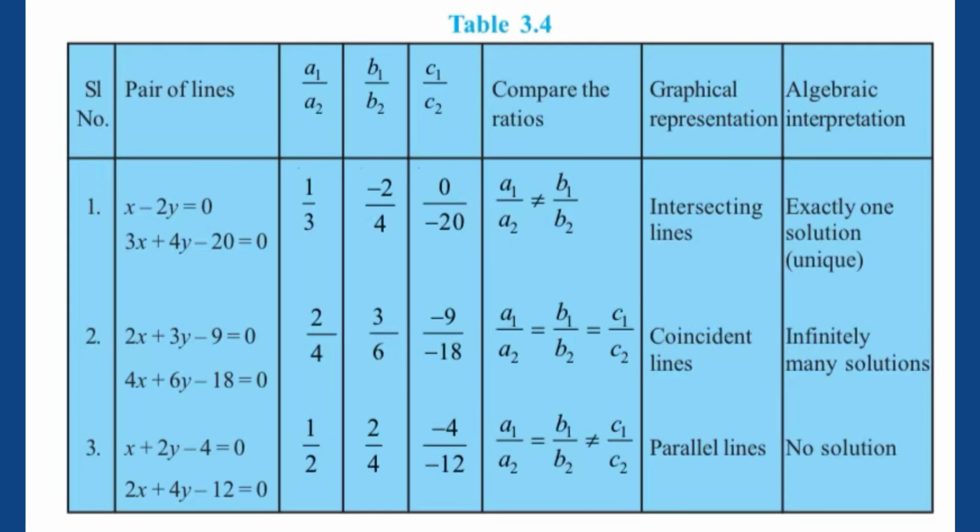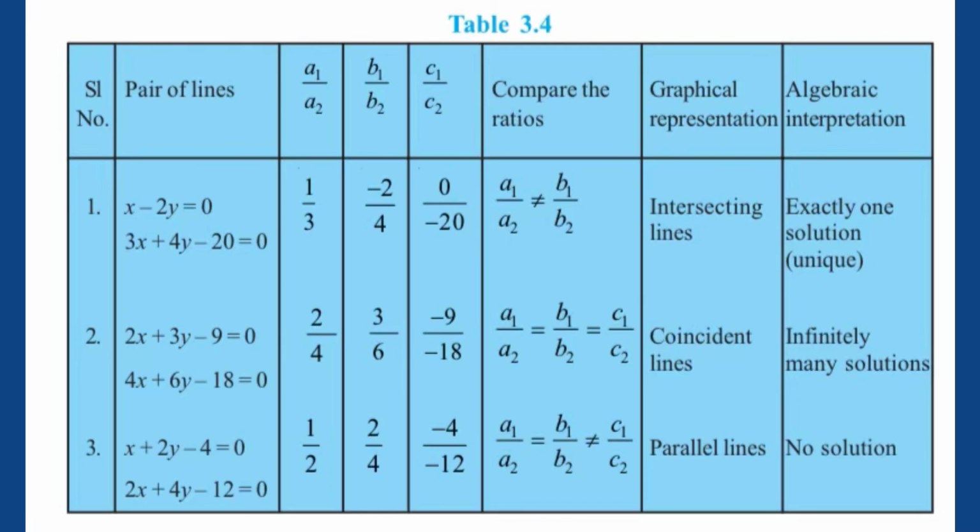So a1 by a2 is equal to b1 by b2 is equal to c1 by c2, which means that they are coincident lines, meaning they coincide with each other, and if the lines coincide, they have infinitely many solutions. In the graph drawn for example 2, you could clearly see that both lines are coinciding with each other.